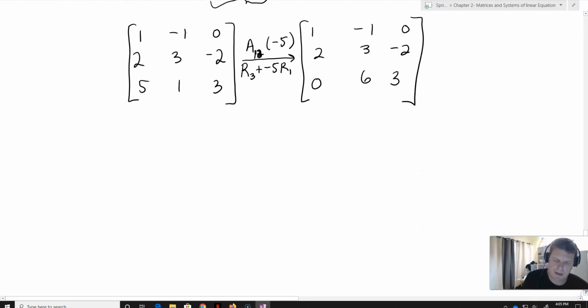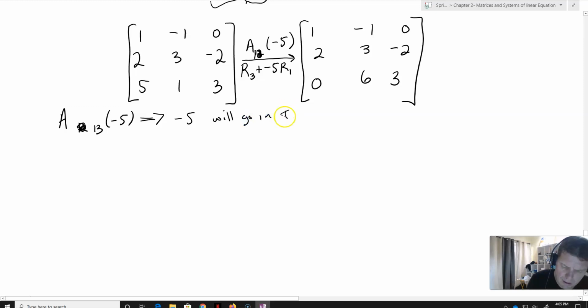Now, the matrix that I'm going to use to make this change: notice that we have A, 1, 3, -5. The -5 is the scalar that I'm going to place, and the -5 will go in the third row, first column.